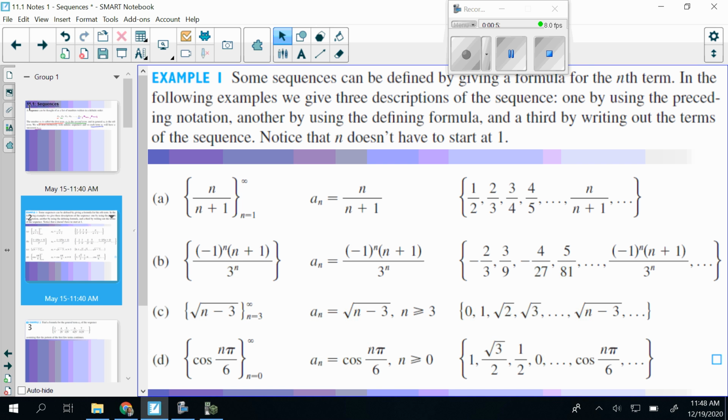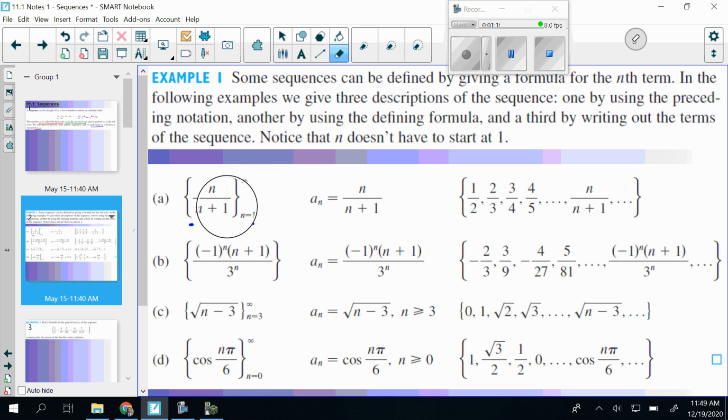Some sequences can be defined by giving a formula for that nth term. In the following examples, we will look at how you can do that for each one. So this first sequence here, you can see that we have this as the nth term, starting at 1 and going to infinity.